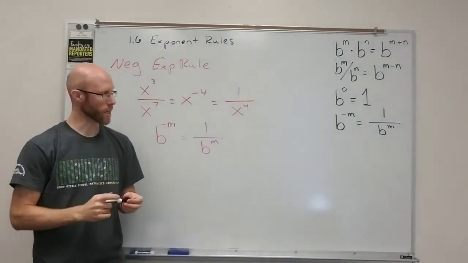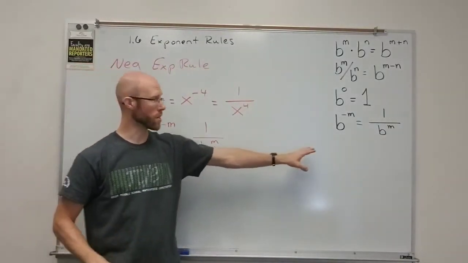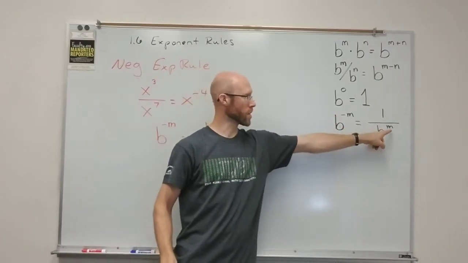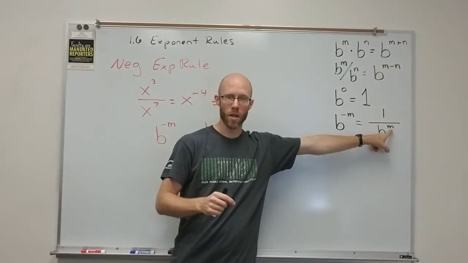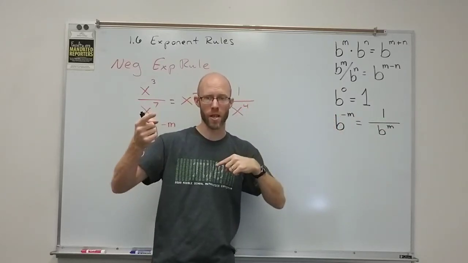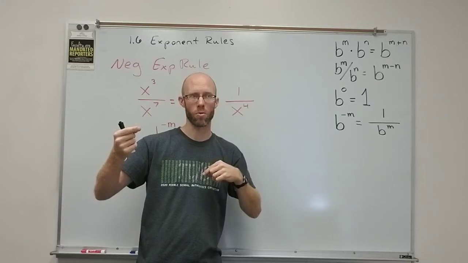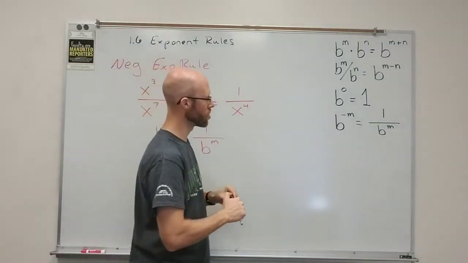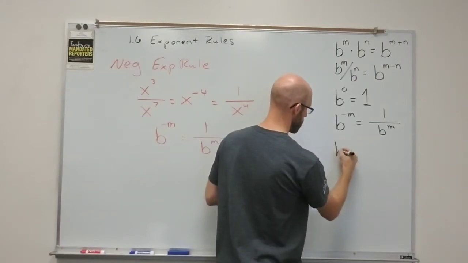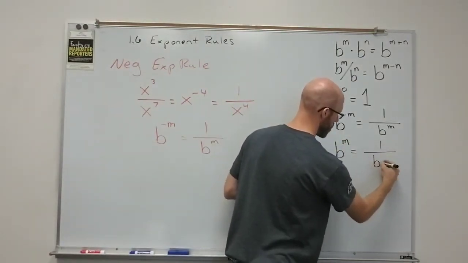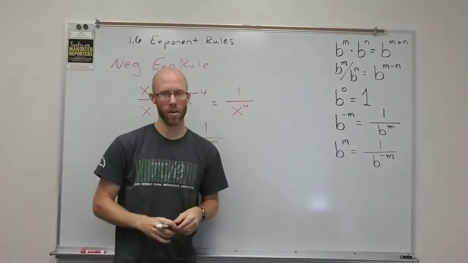And what's interesting, and again, I'm not going to go through the detail here either, is that if you end up with a negative power on the bottom, it becomes positive on top. So it basically switches places when you change the sign. So a similar rule would say b to the m is equal to 1 over b to the negative m.